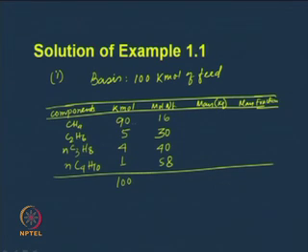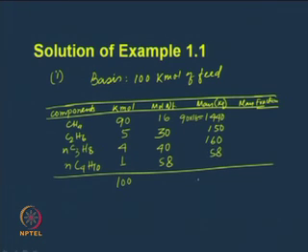Multiplying the kmol of each species by the molecular weight will give the mass. So, 90 into 16 will be 1440, and then 150, 40 multiplied by 4 is 160, and then 58 multiplied by 1 is 58.